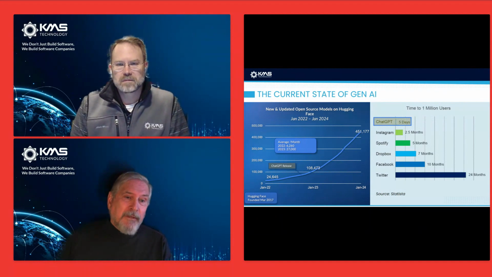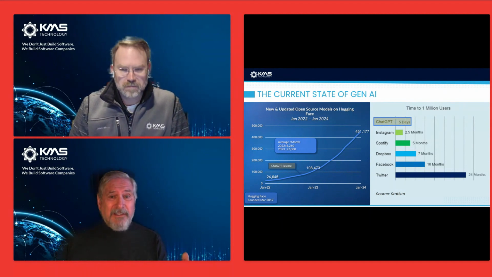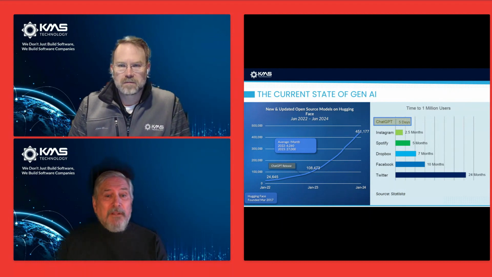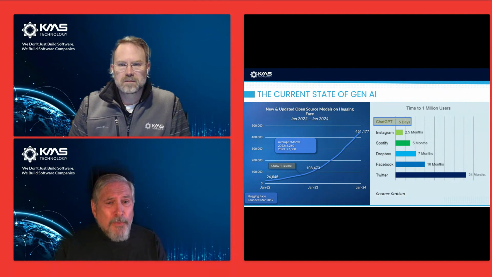I mean, the uptake statistics for ChatGPT are already legendary. 1 million users in 5 days, 100 million users in under 2 months. If we think about the number of models that were posted to Hugging Face last year, over 300,000. The energy and the effort that's going into figuring this technology out is really extraordinary.